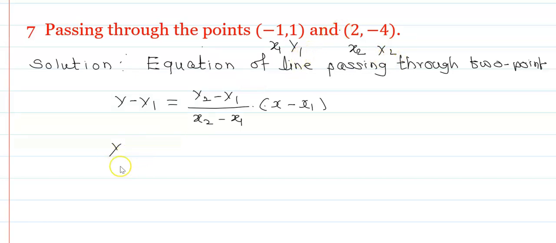y minus y1, y1 is 1, therefore y minus 1, equals y2 minus y1, that is minus 4 minus 1, upon x2 minus x1. x2 is 2 and x1 is minus 1, and in bracket x minus x1, that is x minus in bracket minus 1.